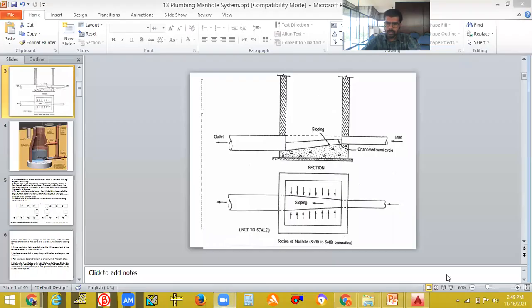It's a picture of a manhole only. Let's share my screen.